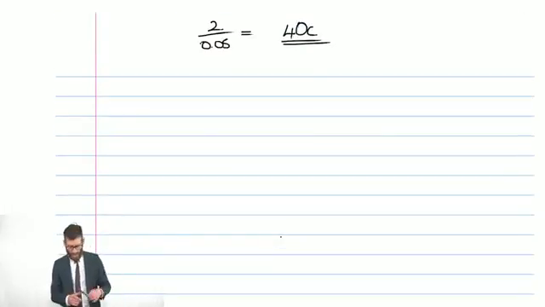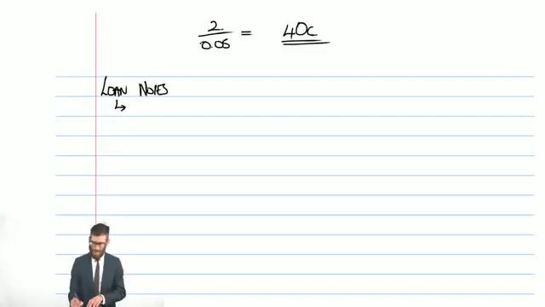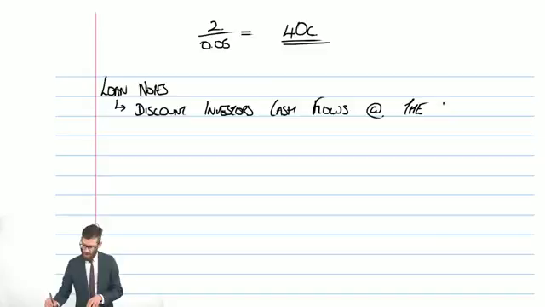When we look at bank loan, it goes without saying, you cannot buy and sell bank loans, so it doesn't have market values. It's always valued at its book value, as you hopefully recall from cost of capital. But when we're looking at loan notes, what we essentially must do is we discount the investor's cash flows at the pre-tax cost of debt.